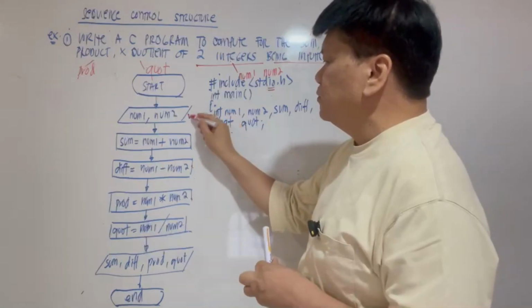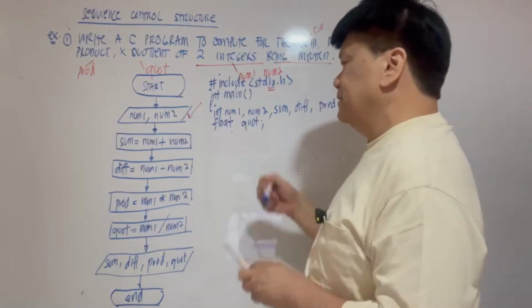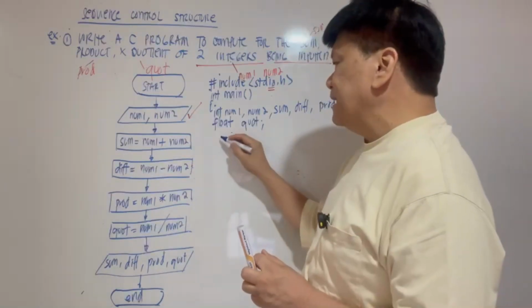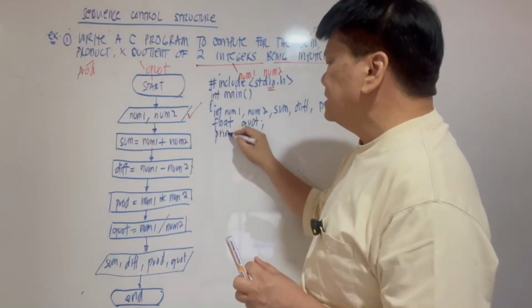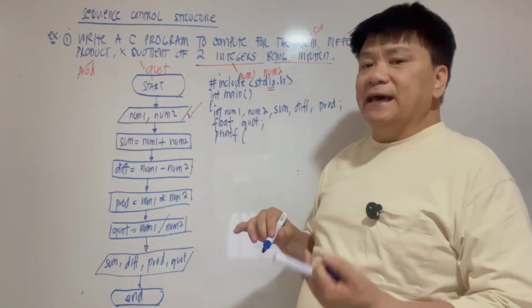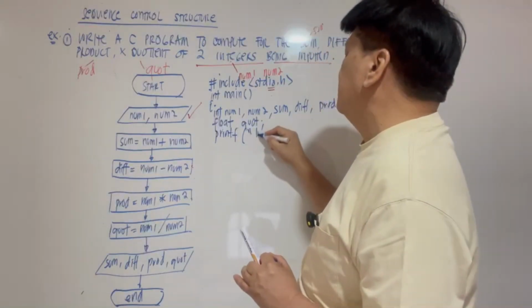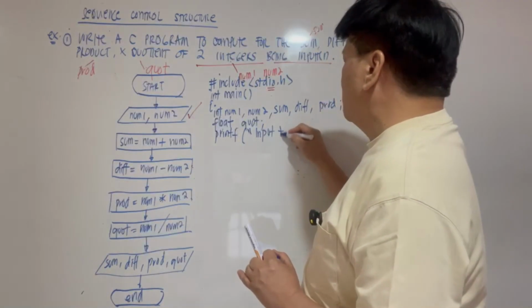Let us start with the input statements for num1 and num2. To do that, let us have first an output statement so that the users will be guided in what to do. For example, you put here: input the first number.